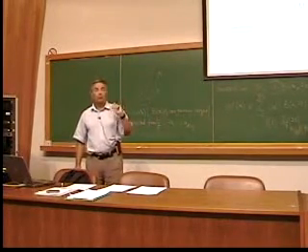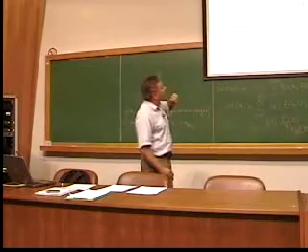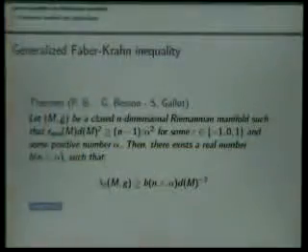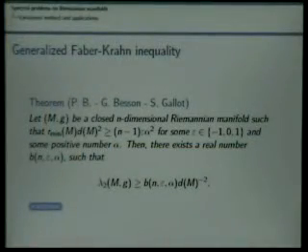Okay? And so what one can prove under the same assumptions as in the preceding theorem, if the minimum of the Ricci curvature times the diameter squared is bigger than something, then the first non-zero eigenvalue is bigger than some constant times 1 over the diameter squared.